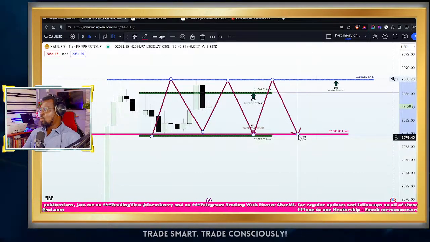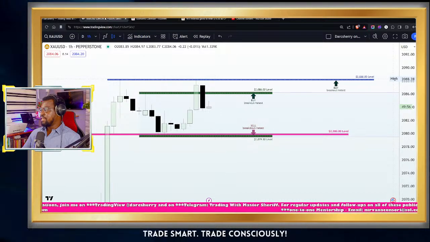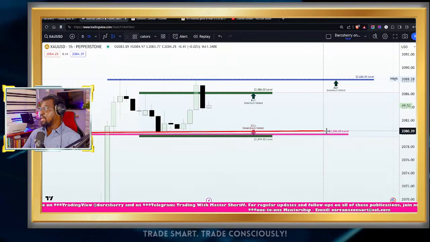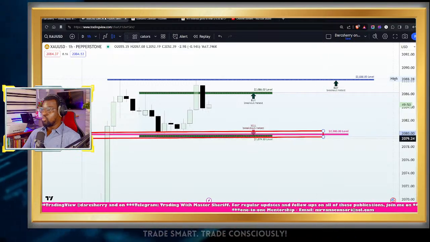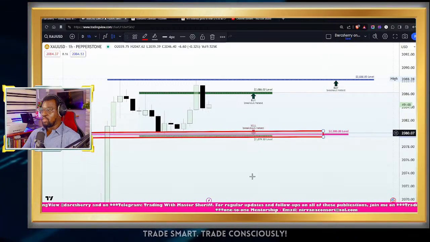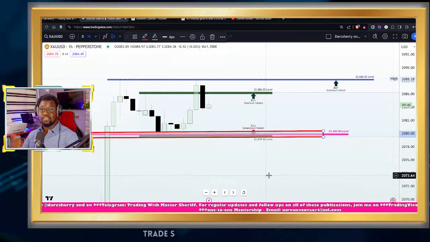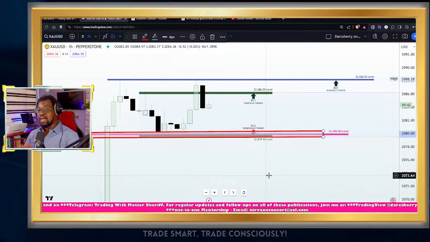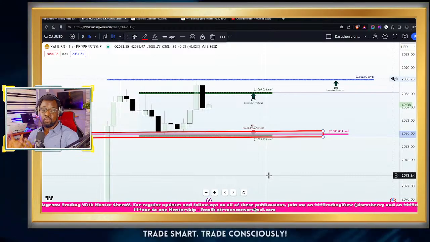And one more thing I would like to emphasize here is that we have our key level at the $2080 area. And for those of you who watched my weekend video on the XAUUSD, I did emphasize why we are using the $2080 level as our key area, guiding our trading activities for this week.